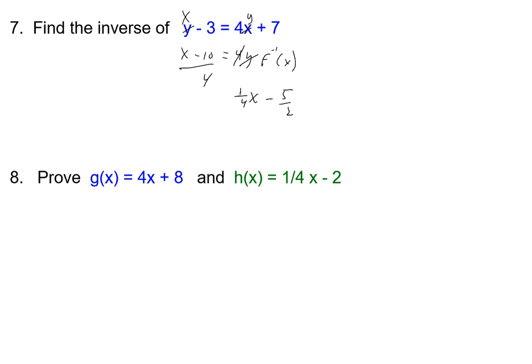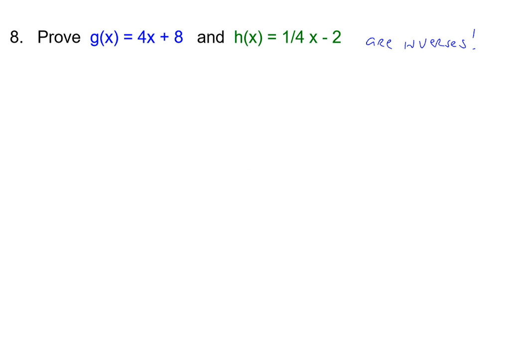Okay. Number 8. Prove g of x equals 4x plus 8 and h of x equals 1/4 x minus 2 are inverses. Prove that those two are inverses. And I'm going to pause. All right, you got two ways you can prove it. You can find the inverse of the g function like we just did a minute ago and see if it looks like h.